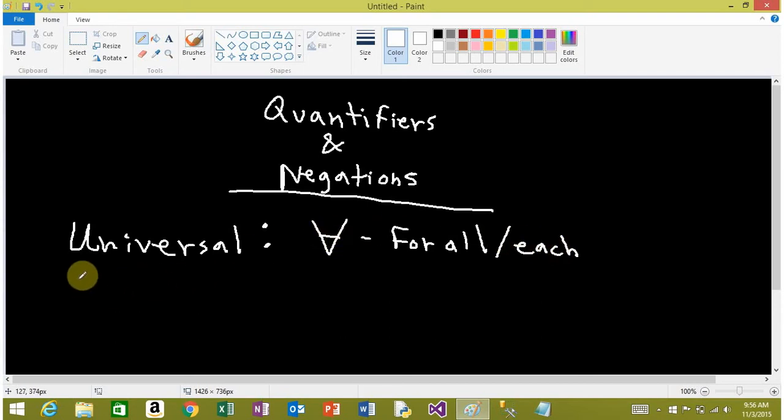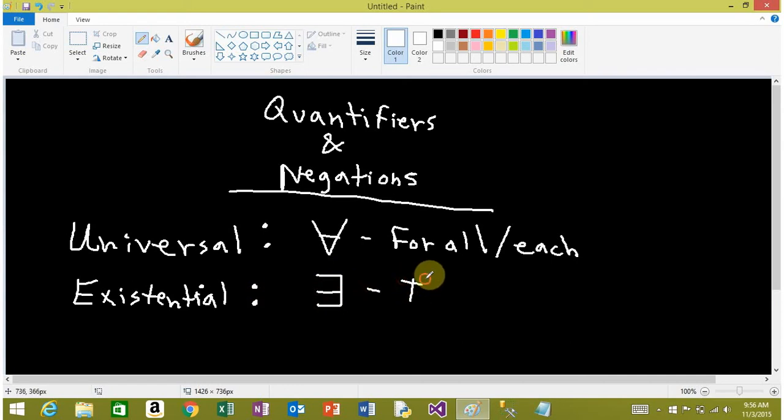And then there's the other type of quantifier, kind of the opposite, the existential quantifier. That's using the backwards uppercase E, and this means there exists.